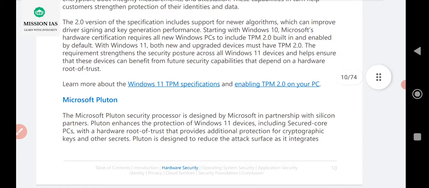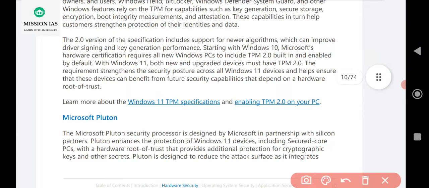Okay, Microsoft Pluton. So what actually is Microsoft Pluton all about? The Microsoft Pluton security processor is designed by Microsoft in partnership with silicon partners. Pluton enhances the protection of Windows 11 devices, which includes a secure core with a hardware root of trust that provides additional protection for cryptography keys and other secrets.